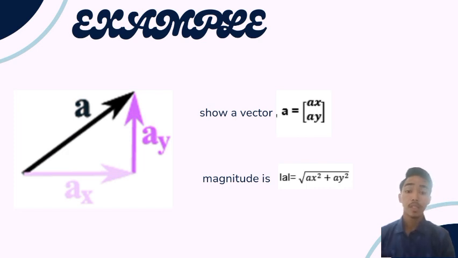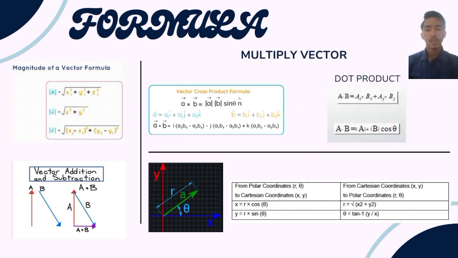And the magnitude of a vector we can write by adding some bars at the alphabet, and the formula is the same as the distance formula, which is the square root of x squared plus y squared. So these are some formulas of a vector that we can use.